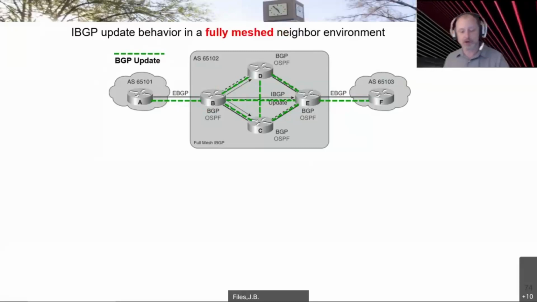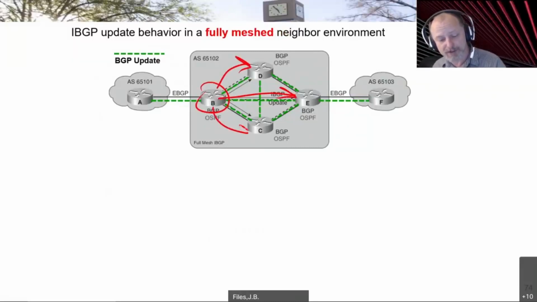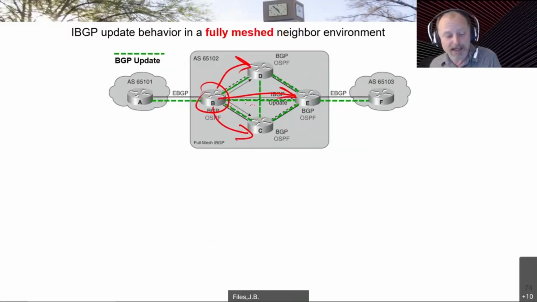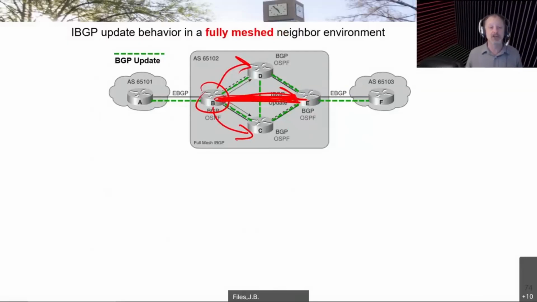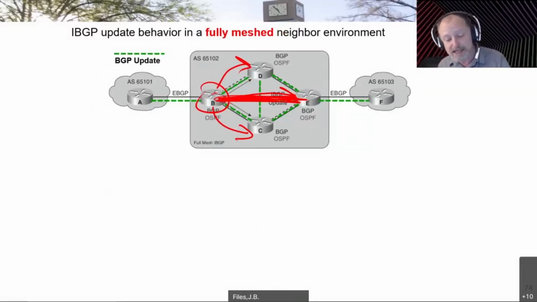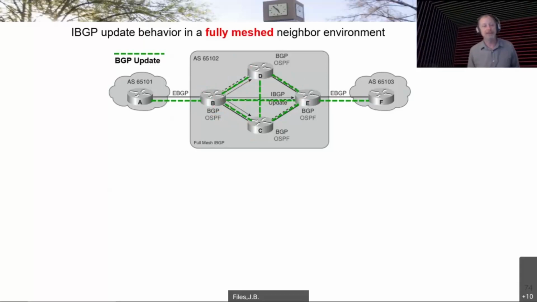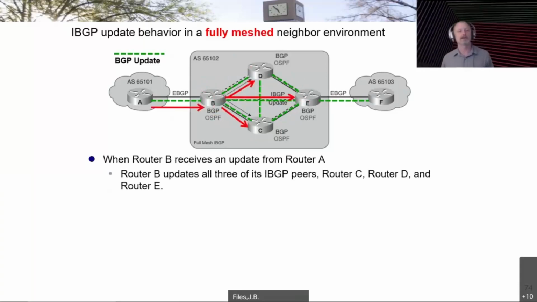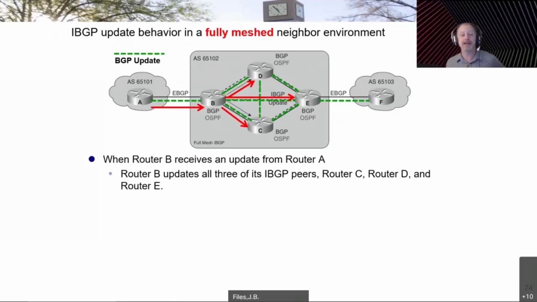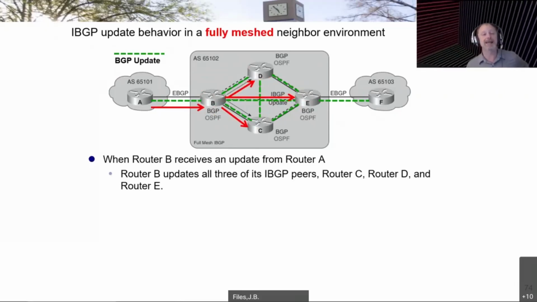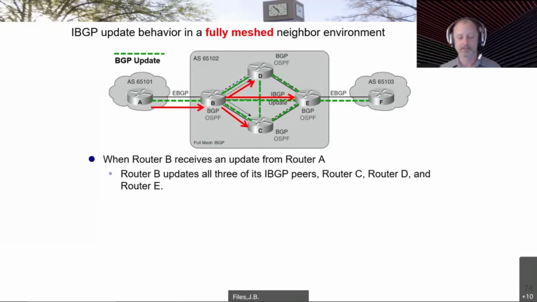With full mesh though, we've got a neighbor statement pointing here, a neighbor statement pointing here, and a neighbor statement pointing here. Keep in mind, B and E are not directly connected, but because of our interior routing protocol, B can ping E. So that means we get an update. B is going to advertise that to all of the iBGP neighbors because all of our iBGP neighbors are fully meshed.